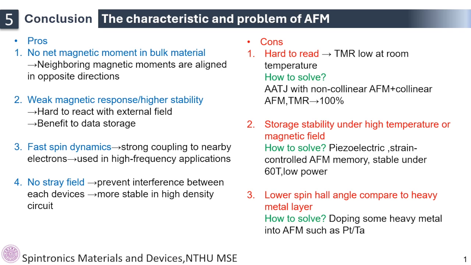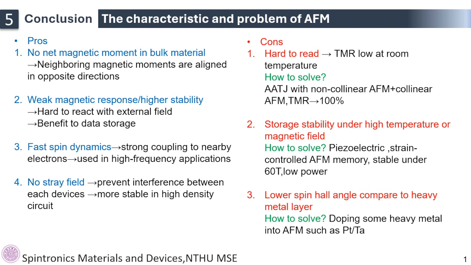However, in case 1, we mentioned replacing the FM layer with non-collinear AFM material to form the junction we called AATJ, with which we can get a TMR ratio approaching 100% at room temperature.